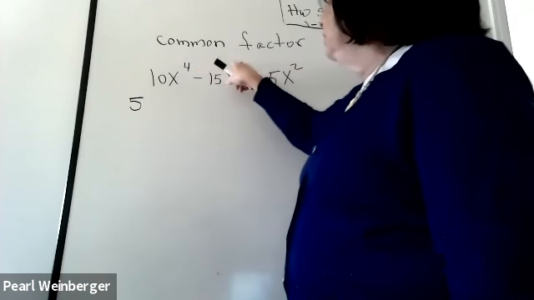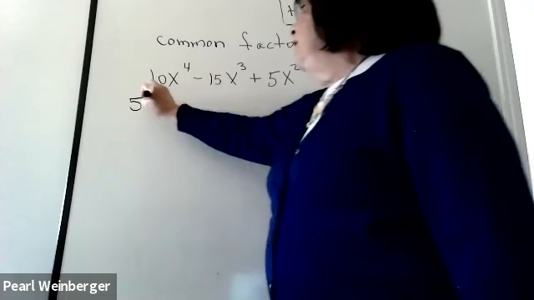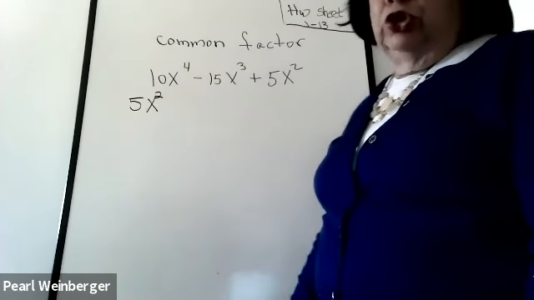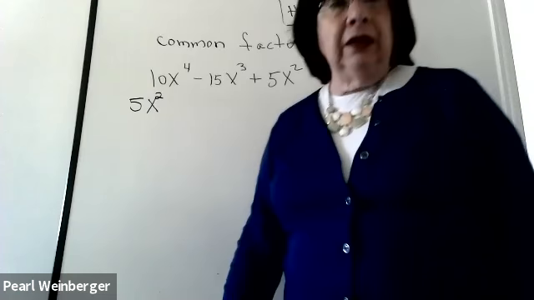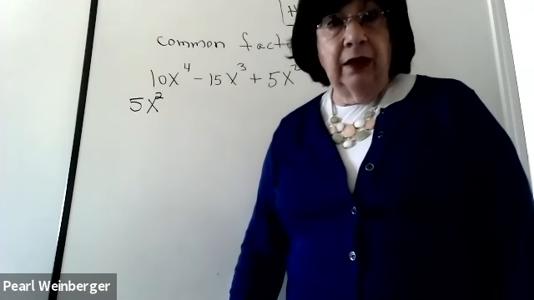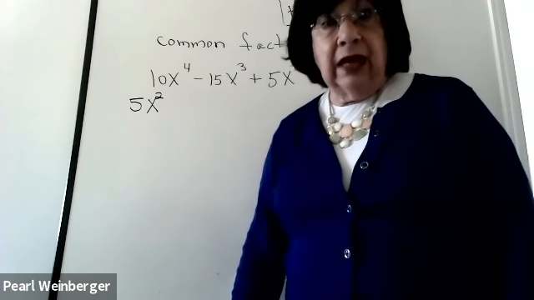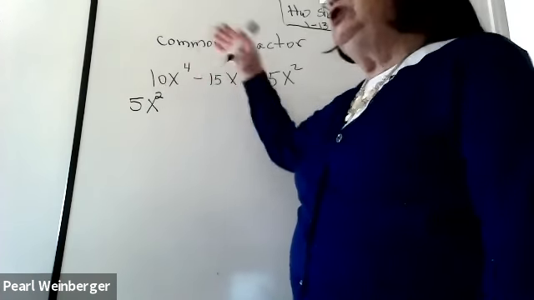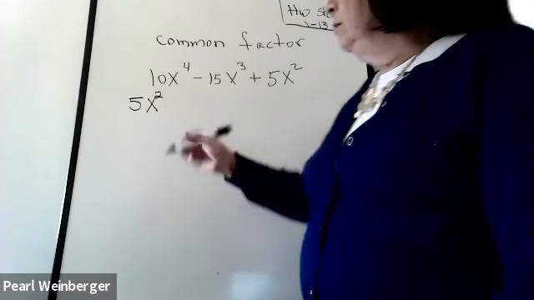This is a 4, this is a 3, this is a 2. So x to the 2 is going to be the common factor, the greatest common factor, 5x squared. Notice if there were y's, we do the same thing with the y's.